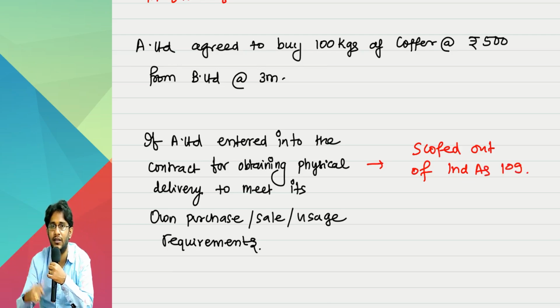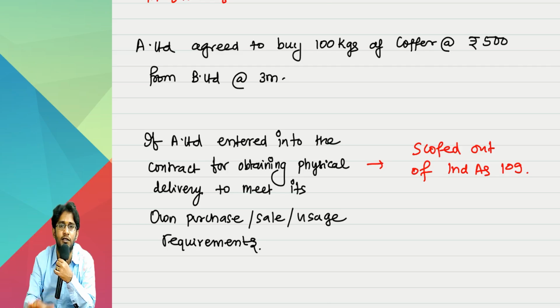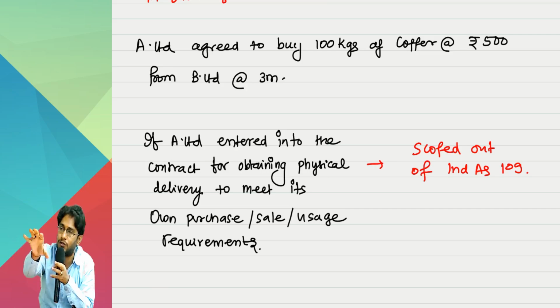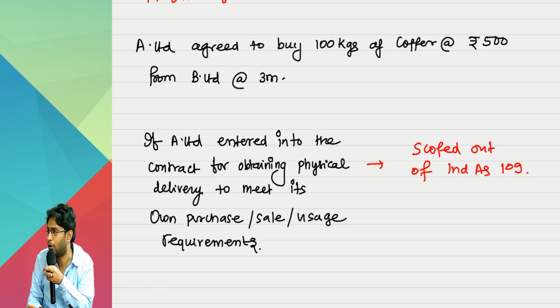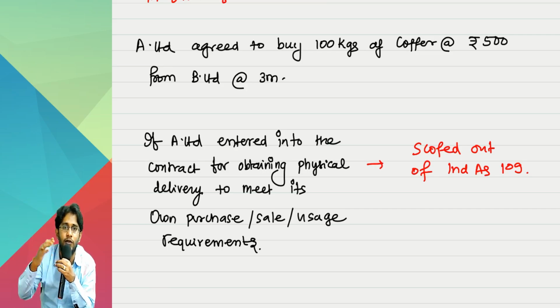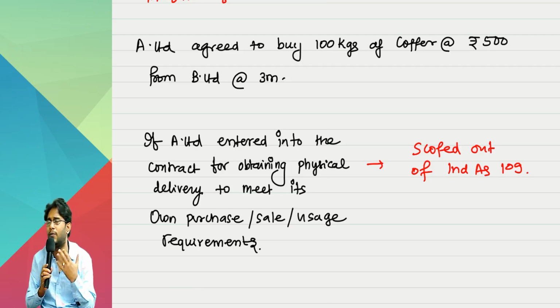If you ask me, sir, is it a derivative? 100% derivative. There is no doubt on that. But my intention is not speculation. Since my intention is not fluctuation in prices, I entered into a contract so that I will have my raw material availability on time. That's my goal. And ultimately also, I am actually going to take the physical delivery. I am not going to play any fluctuation game, gain or loss settlement. That is not my goal.